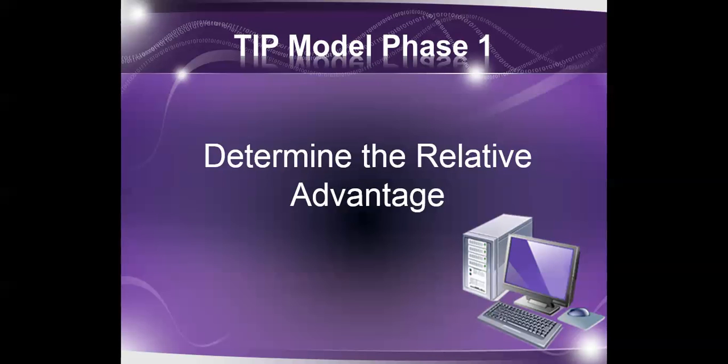The first phase is to determine the relative advantage of the lesson or the project. During this phase, the teacher should be looking to recognize relative advantages that will help in the classroom. You, the teacher, want to see what problem you will be addressing and what technologies you will be using at this point, and look for evidence of what kind of technology could help in this situation.